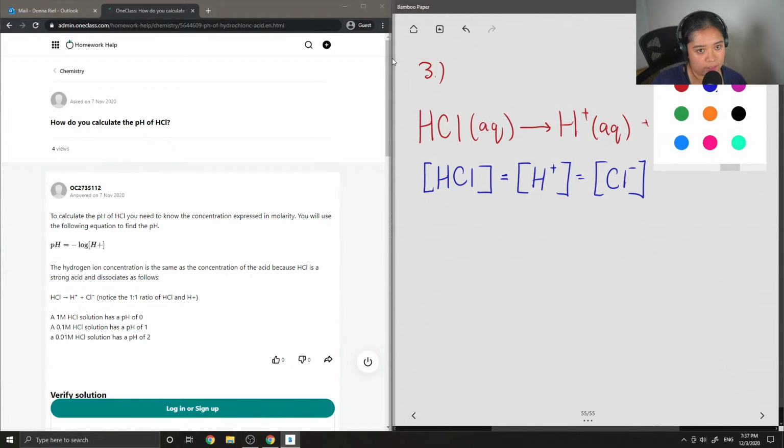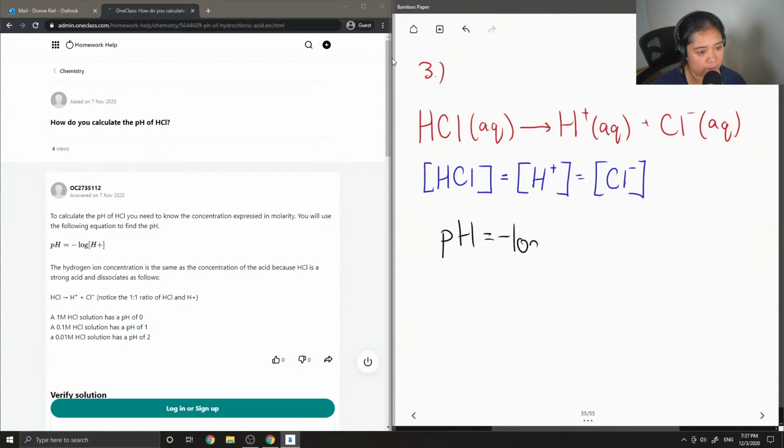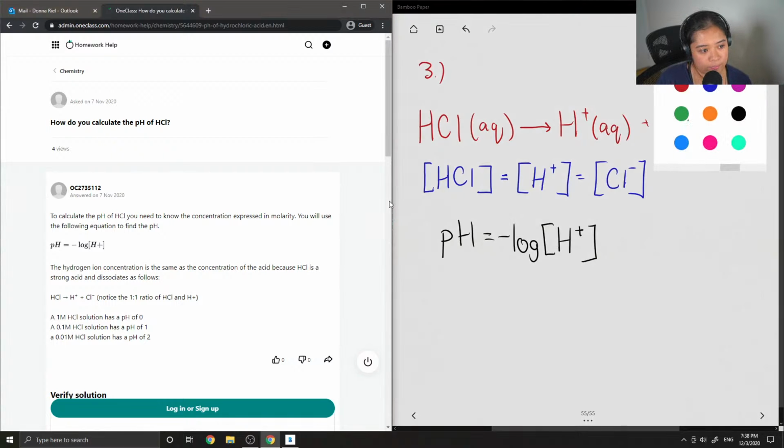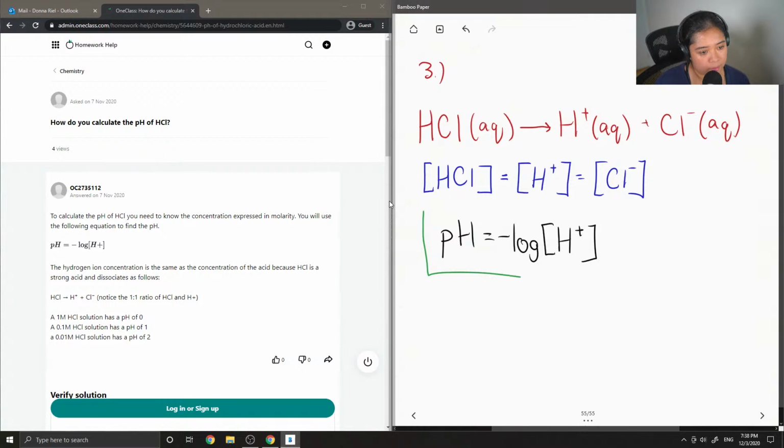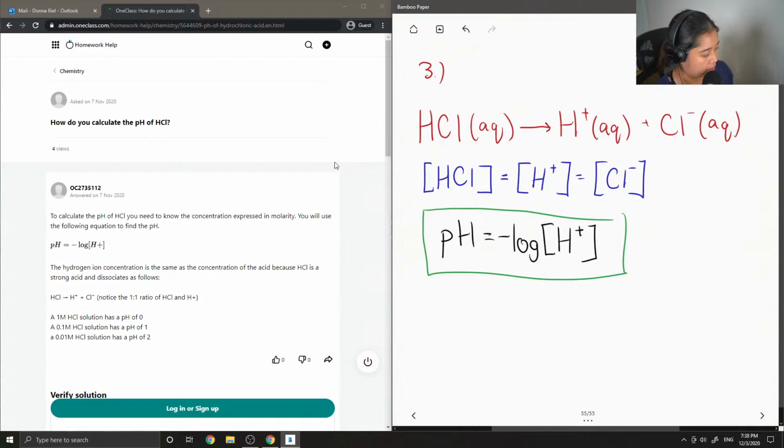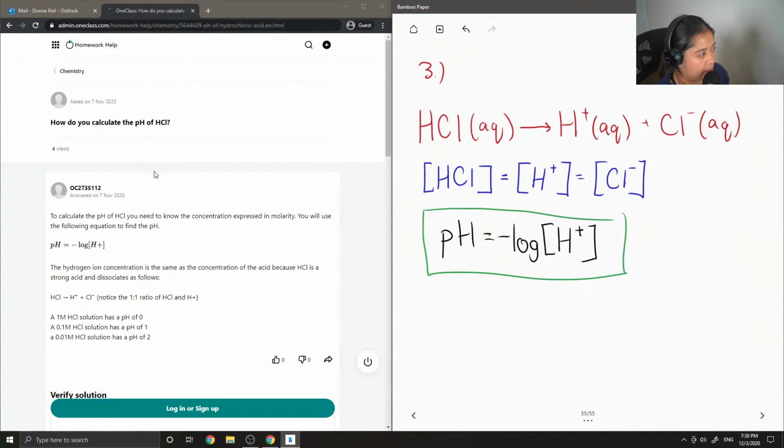This is helpful because the formula for pH is equal to the negative log of the concentration of protons in solution. So as long as we know the concentration of hydrochloric acid, that gives us the concentration of protons, and therefore we can calculate the pH. Okay, so that is our final equation.